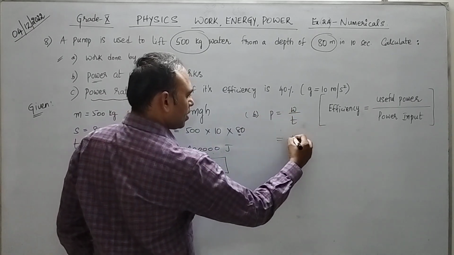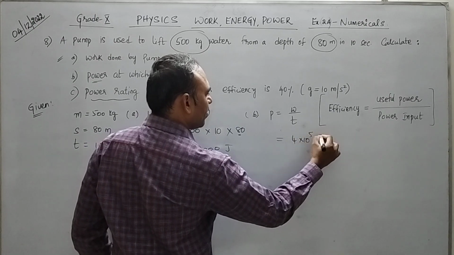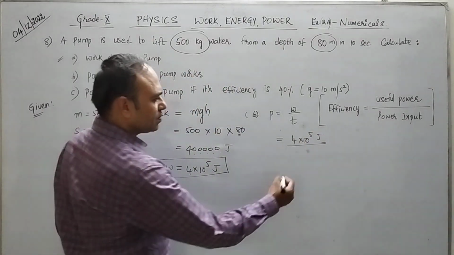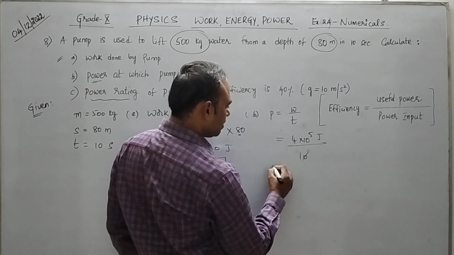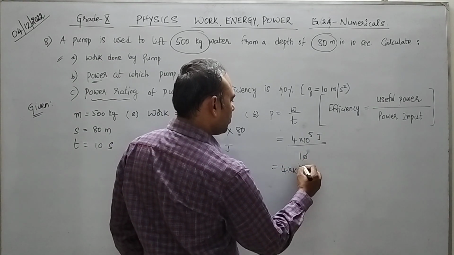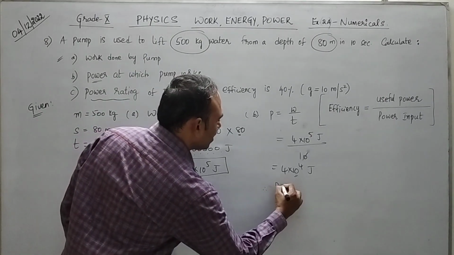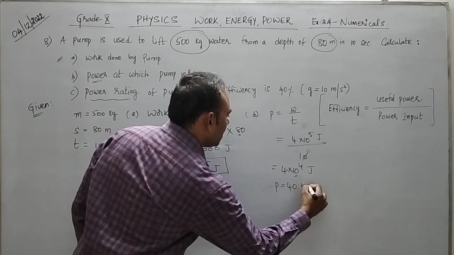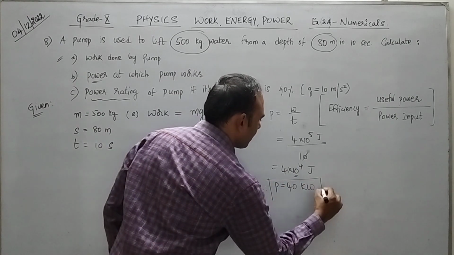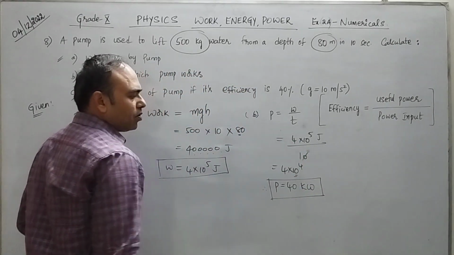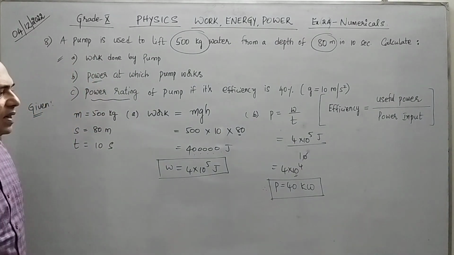What is work? 4 into 10 to the power of 5 joule divided by time taken, 10 seconds. Nothing but 4 into 10 to the power of 4 watt. If you convert into kilo, 10 cube, you can also write 40 kilowatt. So in terms of kilowatt, we can write power as 40 kilowatt.